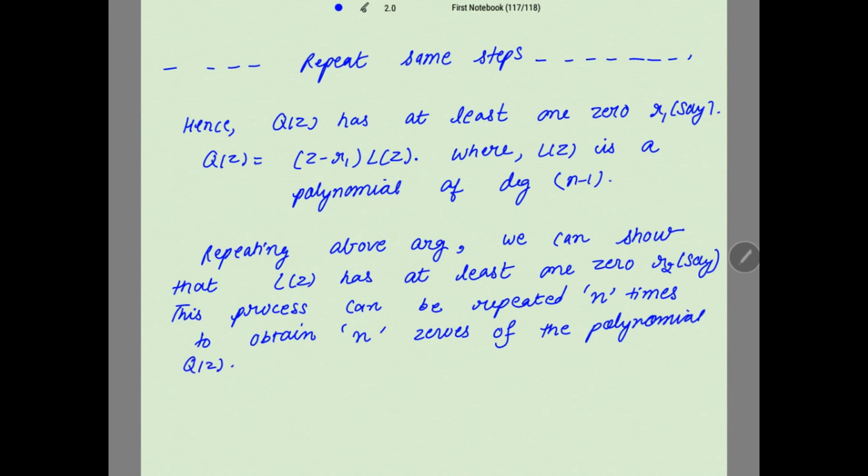So now Q(z) has exactly n zeros. And what are those zeros? r1, r2, r3, and so on up to rn. These are the zeros of Q(z).